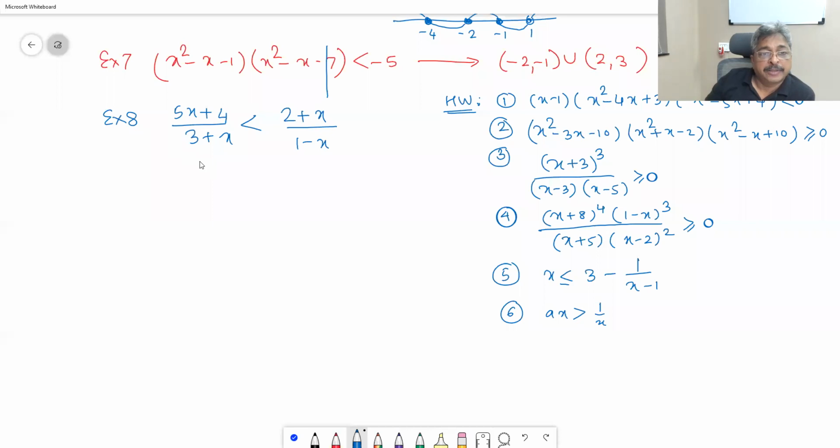I can subtract, so (5x plus 4) upon (x plus 3) minus (x plus 2) upon x less than 0.